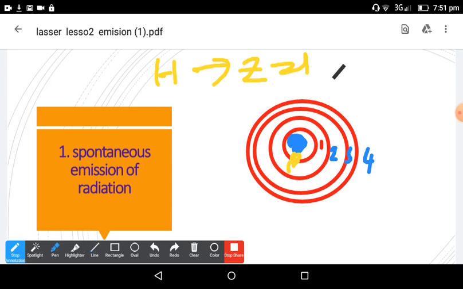It means it has not gained or released any energy. At this stage, all the atoms of hydrogen have the same energy level, which is called the ground energy level.